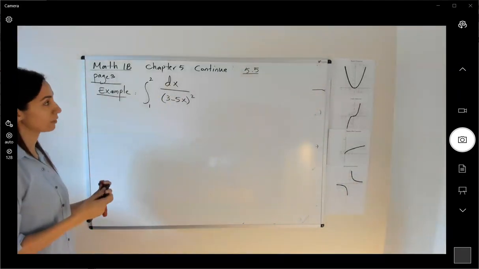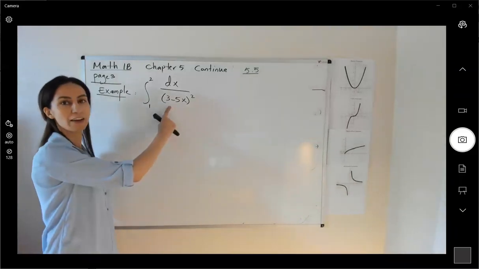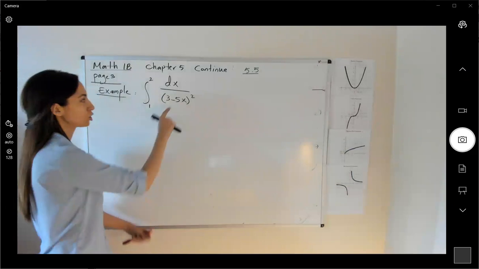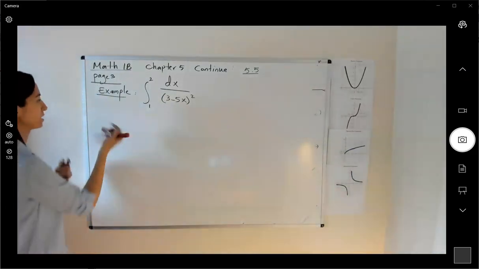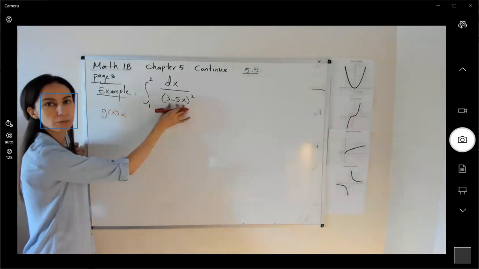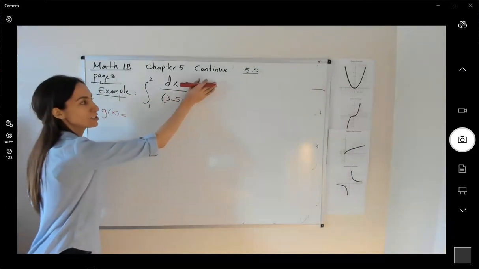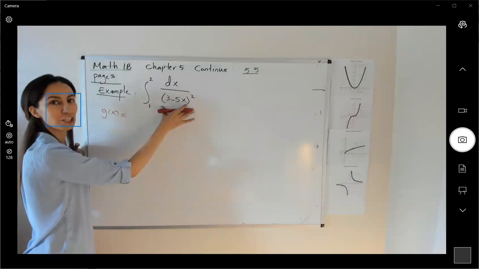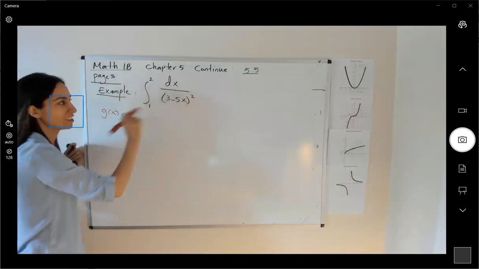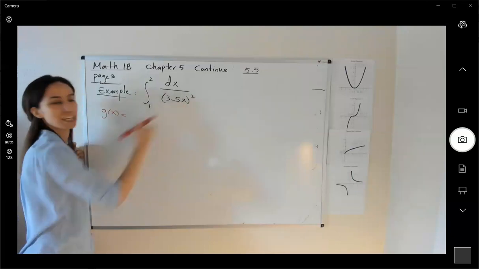Very well. Remember the general format. They have something raised to a power. So let g of x be this quantity inside parentheses. Guys, you don't take the whole thing. You don't take the denominator itself. You take the quantity inside parentheses without the square.